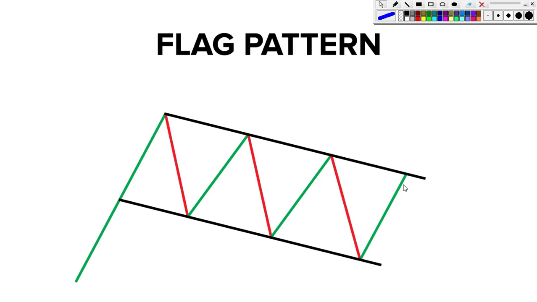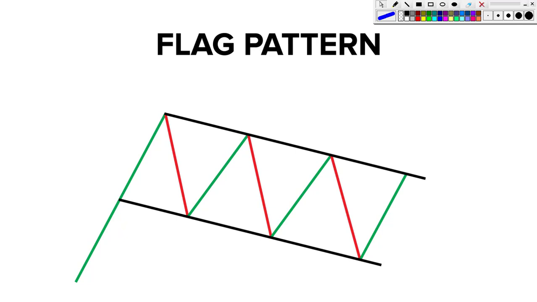It's forming right now, but at this point it's not yet official that it's a flag pattern. Anything can happen, it can form a downtrend, which is kind of happening right now, but our aim here is to catch the flag pattern, really to spot it.